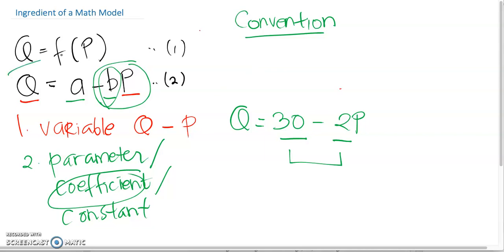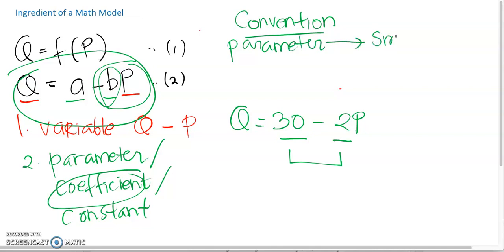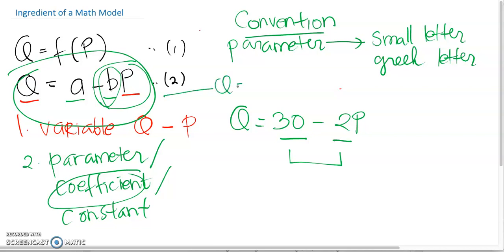If you are faced with this equation, some people have a hard time defining which one is the parameter and which ones are the variables. So as a convention, parameters are usually written as small letters, or sometimes we use Greek letters. So we can also write this as Q equals alpha plus beta P.